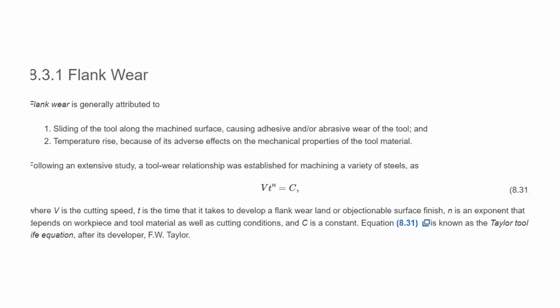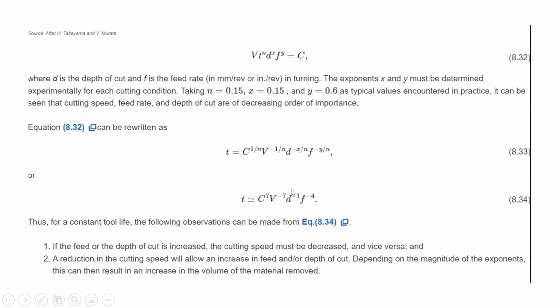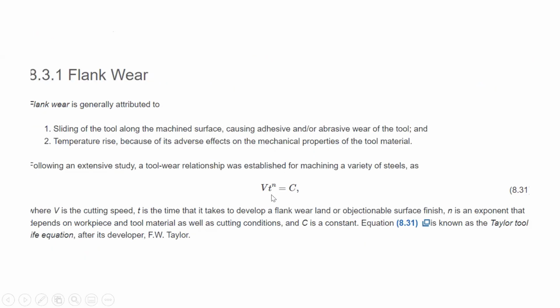So VT^n = C, where V is the cutting speed, and T is the life of the tool. n is associated with the material and cutting condition. C is a constant. There is also a modified one, but for our case we just use the original Taylor theory.